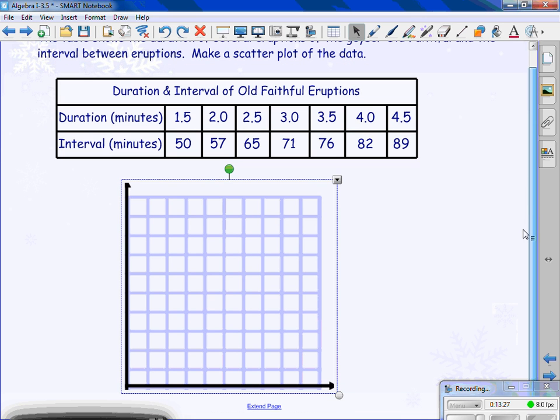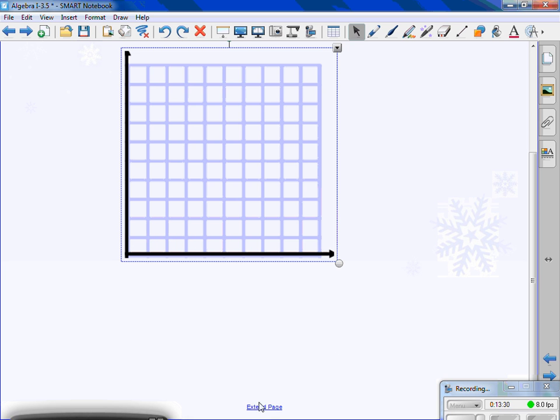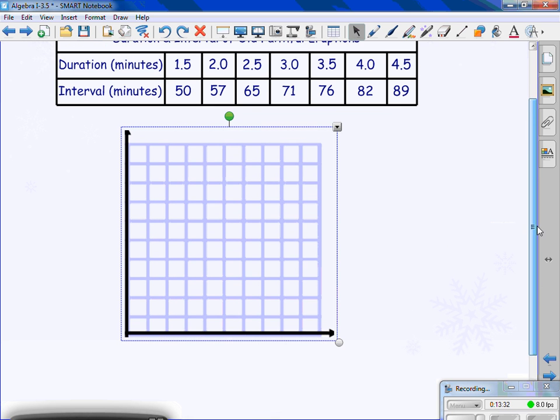On the bottom, I'm going to put my time. And this is my duration, and this is in minutes.